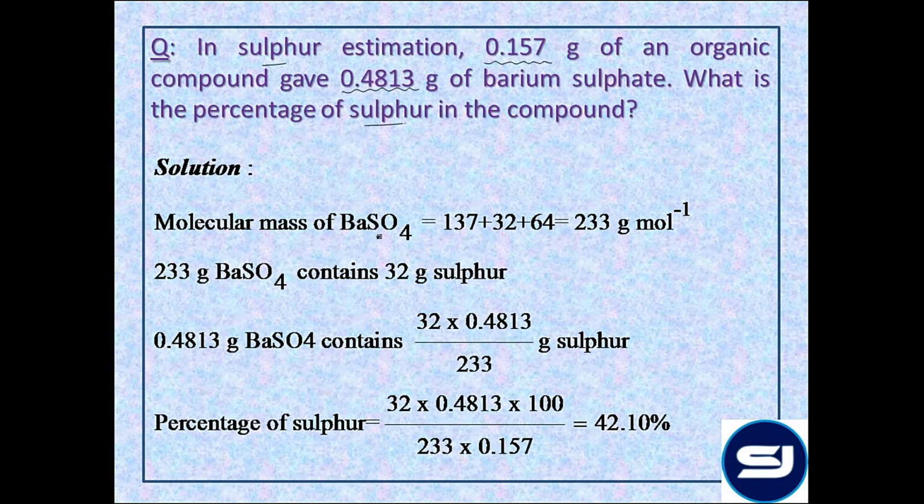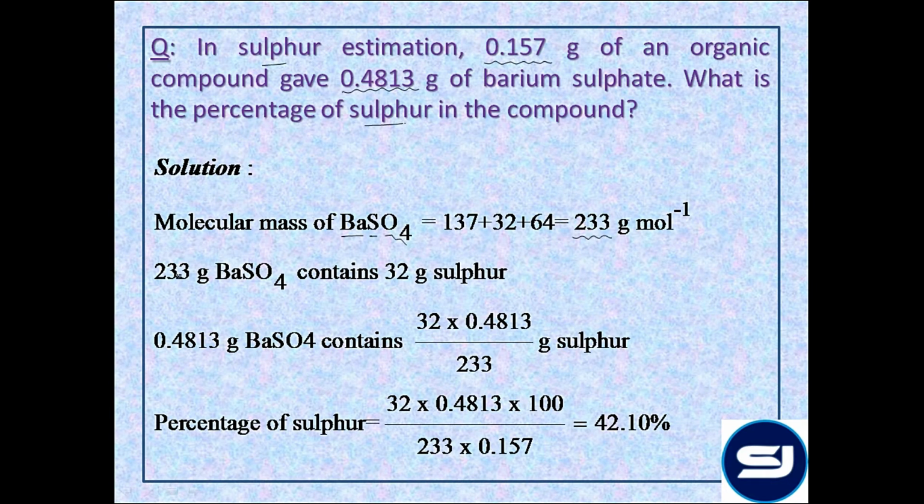The molecular mass of barium sulfate is 137 barium plus sulfur is 32 plus O4 would be 64. Totaling we get 233 grams per mole.